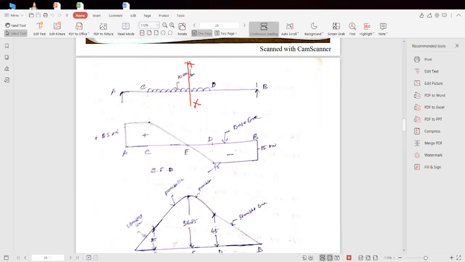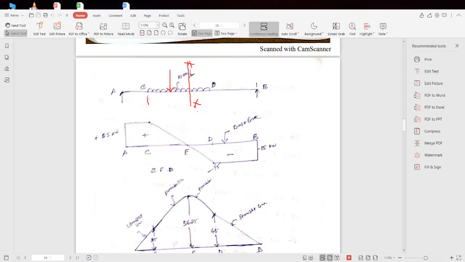Here the load is acting how much? 10 kilonewton per meter. So into this distance, if we convert this load into point load, it will be acting at the center. Okay, it is nothing but 10 into this distance, UDL distance.